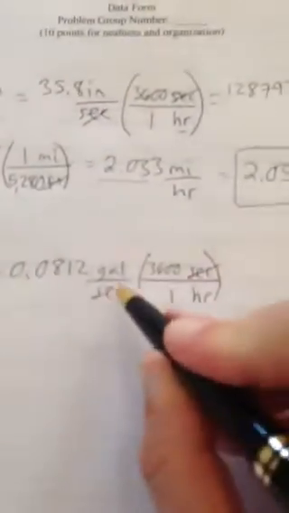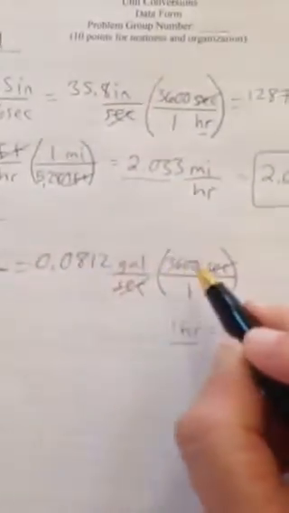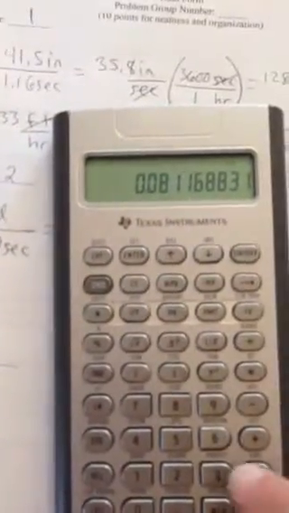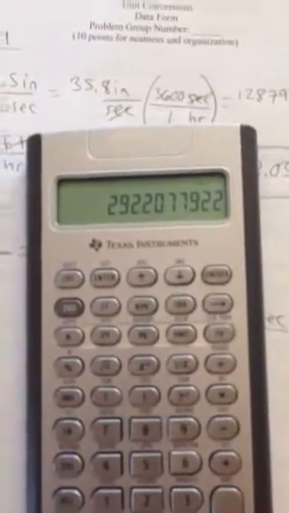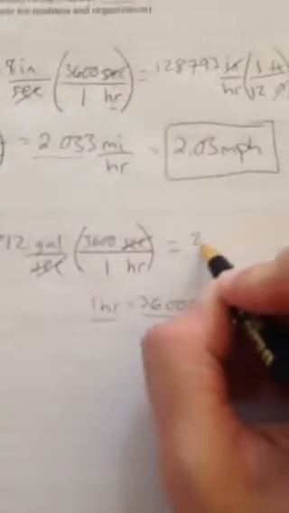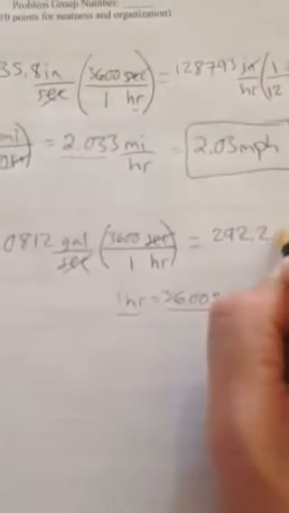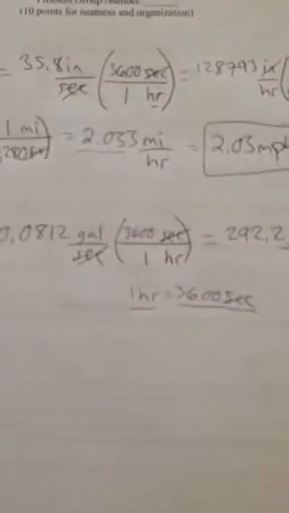So seconds cross out, and you just take your number and multiply by 3,600. And we have 292.2 gallons per hour. Actually, I think the question was asking about minutes, wasn't it? We can convert back. That will be even more fun.